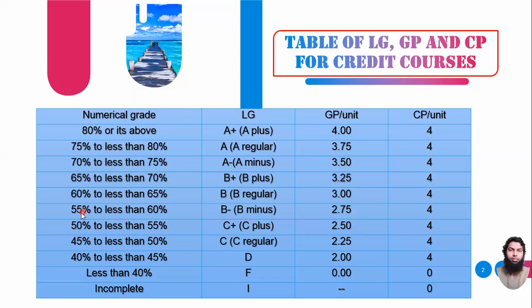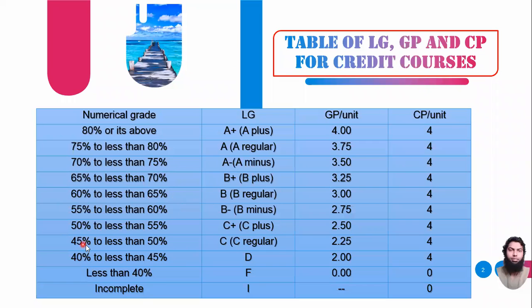Marks equal to 55 to 59% will have B minus letter grade and the grade point will be 2.75. Similarly, marks corresponding to 50 to 54% will have C plus letter grade and 2.50 grade point.